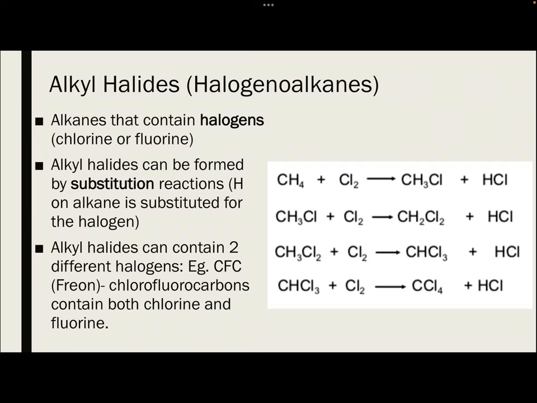So this is where I was talking about the alkyl halides, which are our halogen alkanes. I mentioned this a little bit before. These are really important because these alkanes contain halogens, which we saw before in our examples. Alkyl halides can be formed by substitution reactions, where a hydrogen on the alkane is substituted for a halogen, and we saw this a little bit yesterday.